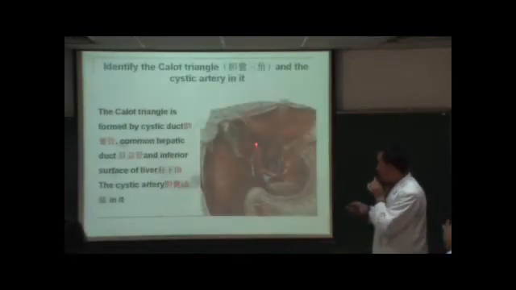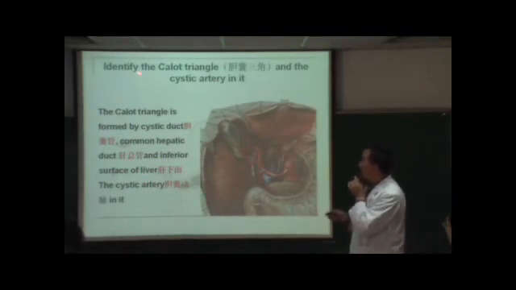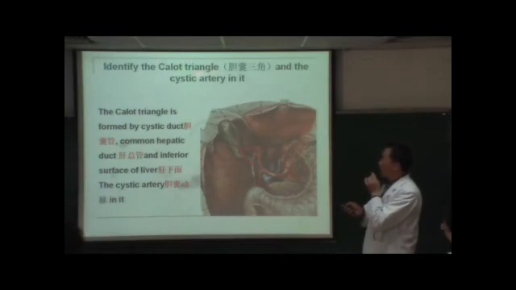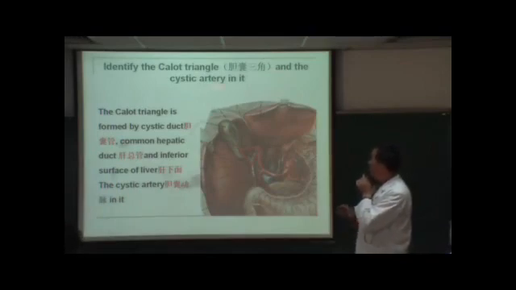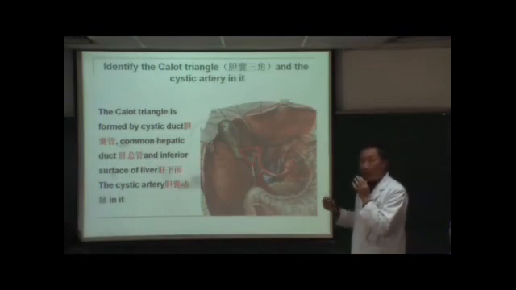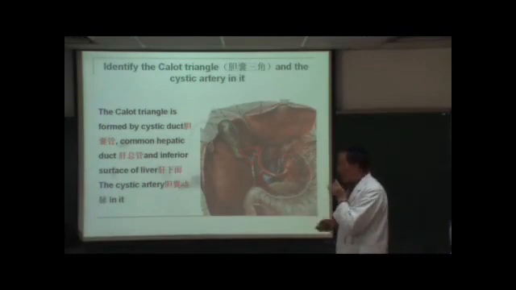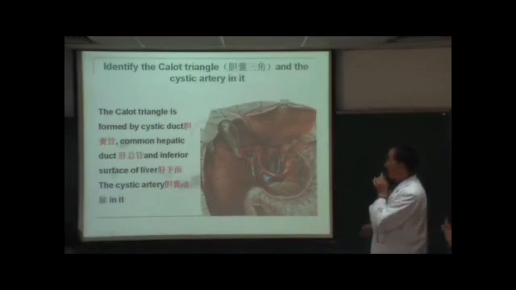Now, just above these structures, you should identify an important triangle. It is called the Calot triangle, 胆囊三角. Within the Calot triangle, there is an important artery supplying the gallbladder.